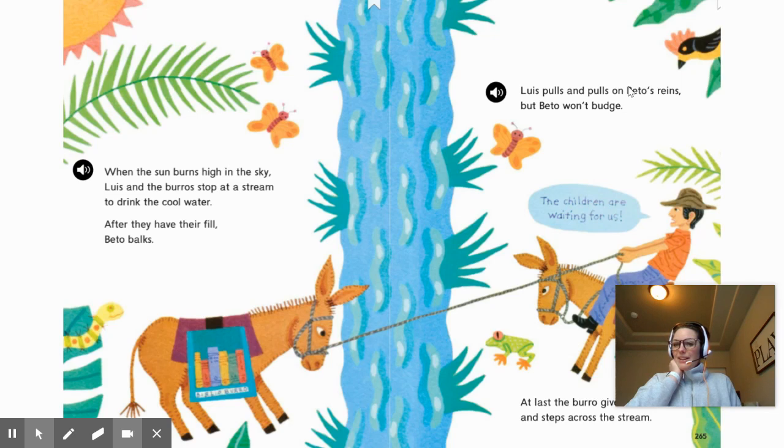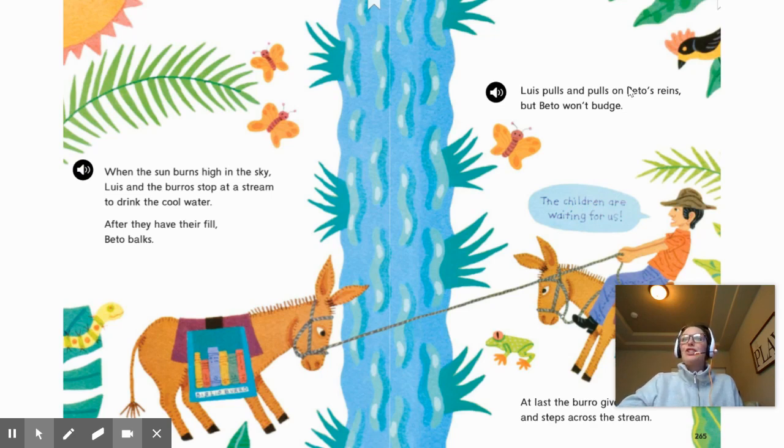You remember? This is a true story. It is a real true story from the country of Colombia. So this is not made up. This is a true story. The author is trying to give us information about a person and what he did.